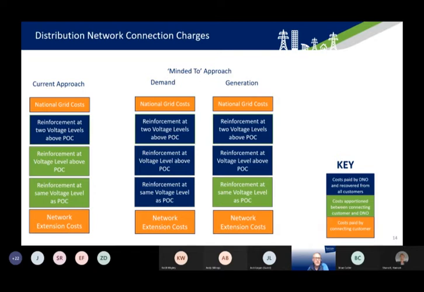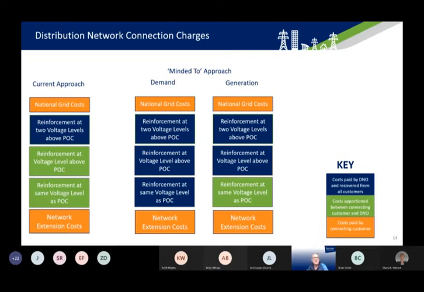So where the reinforcement is at the same voltage level as a POC, you can see here, it's maybe easier to see visually. In demand, that wouldn't get charged, but it would remain chargeable and done on a cost apportioned basis for DG. But for the reinforcement one voltage level above, that wouldn't be chargeable.